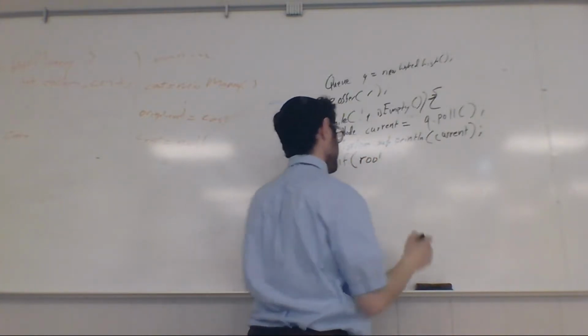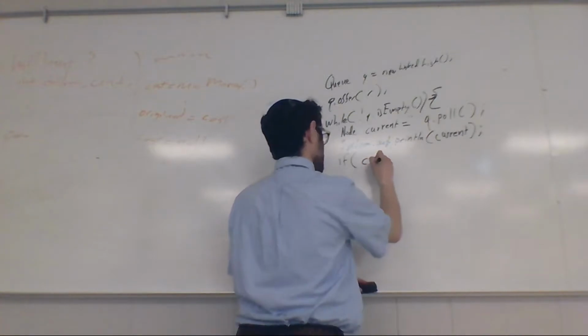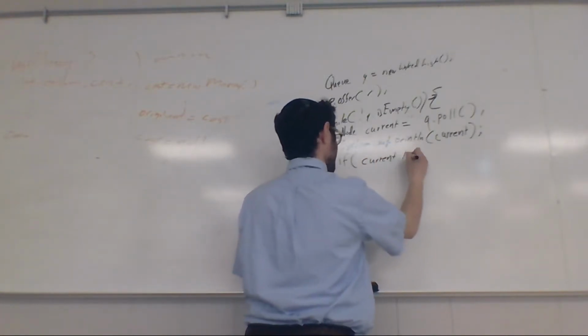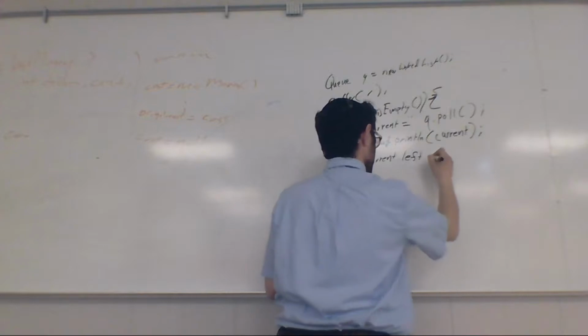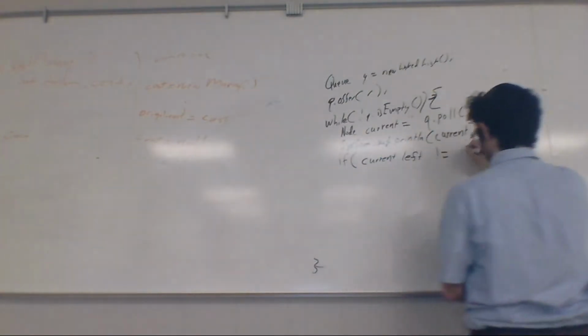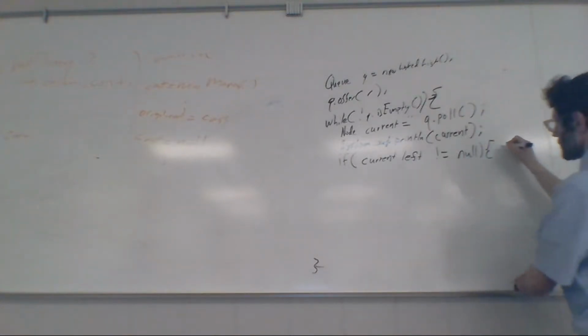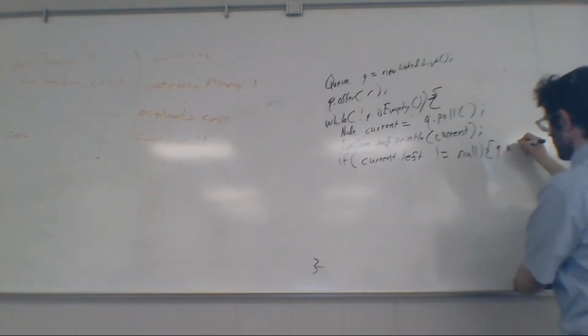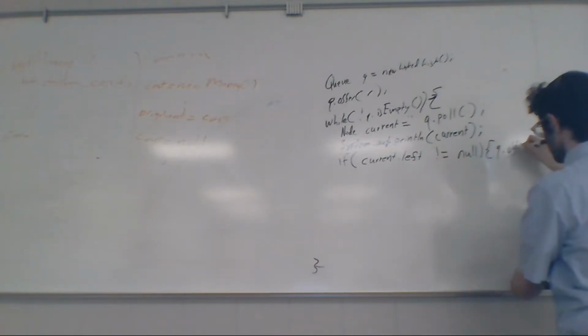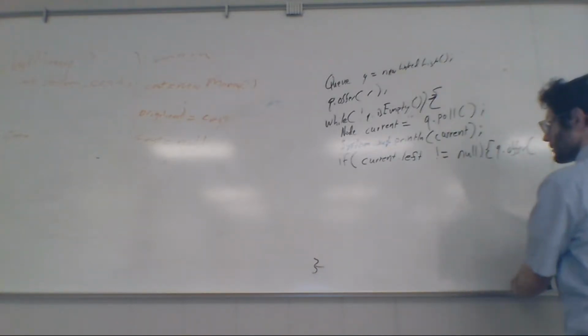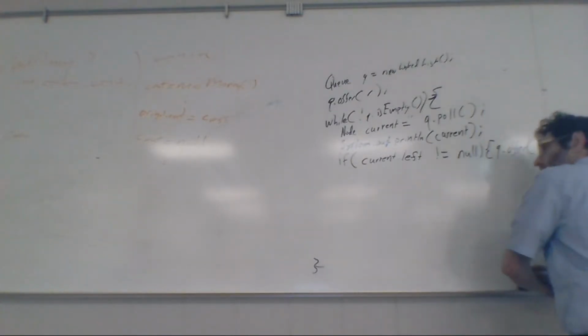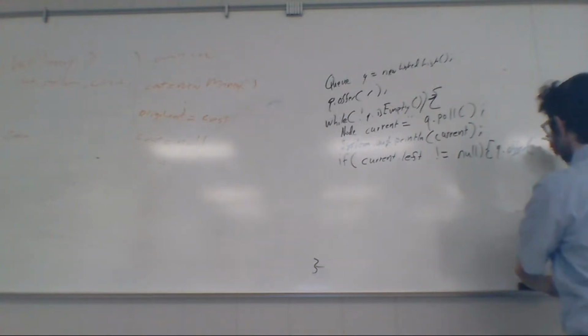If current dot left is not equal to null, q dot offer current dot left.